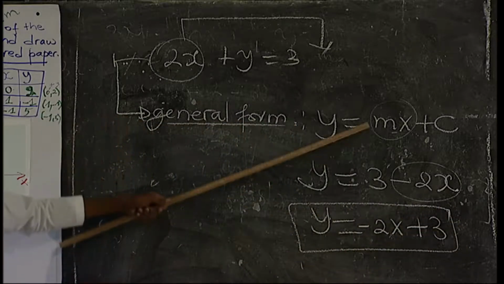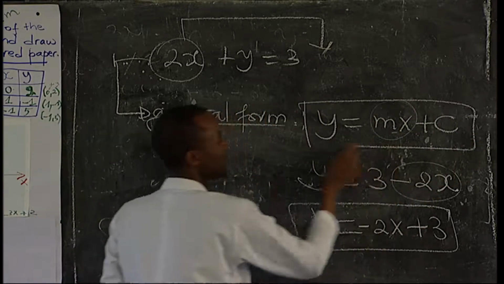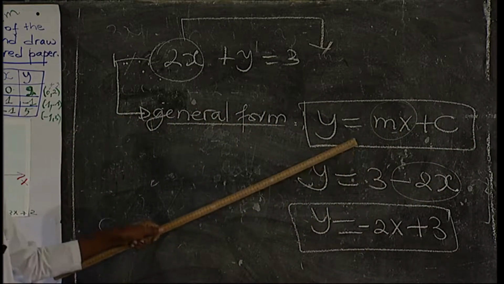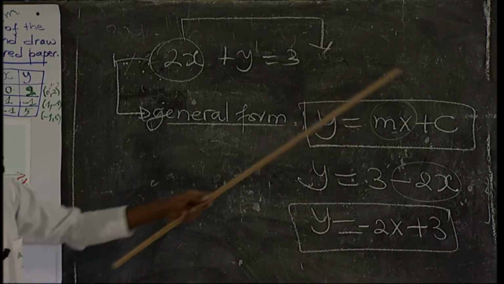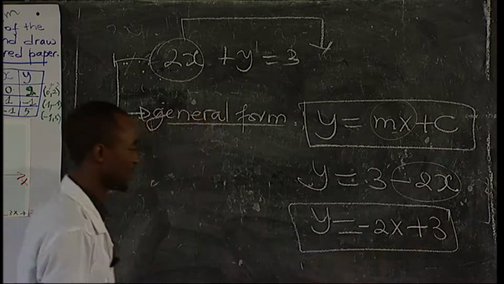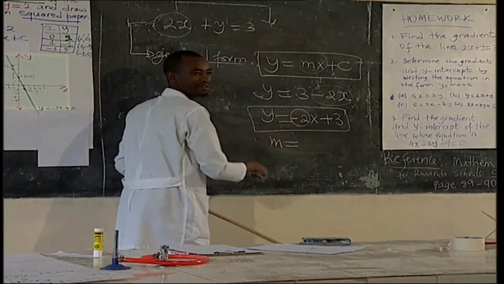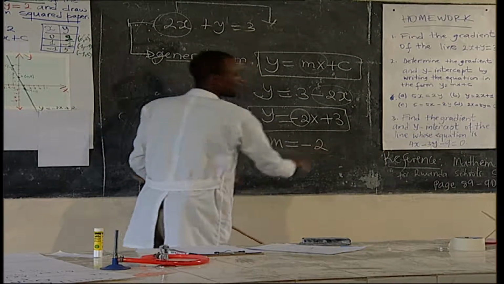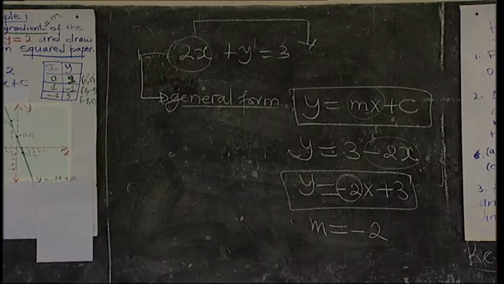It looks like that one. Look at them pretty well. Now I have the general form. Remember, our question was to find the gradient of the line. That gradient, you just read: it is equal to negative 2. Have you understood? I hope so.